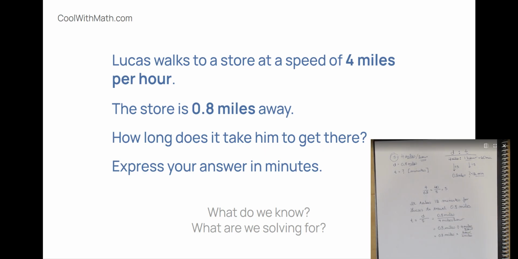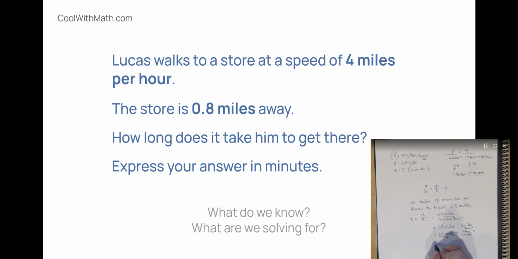And again, you can do this whole thing by leaving out your units, but I like keeping them in there because you can sort of see how everything works out. Now, if we're multiplying with fractions, we can give our 0.8 miles a denominator of 1. Now we can cancel out things. Miles cancel with miles. We're just left with the hour on top, which is slightly problematic, as you recall, because we want our answer in minutes.